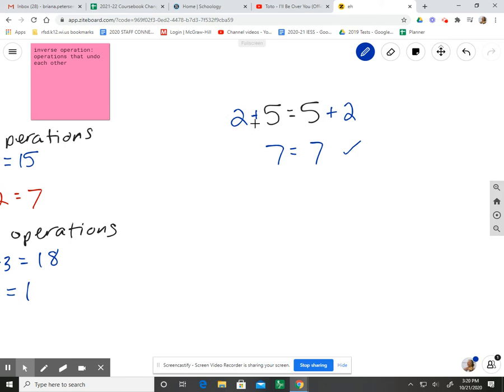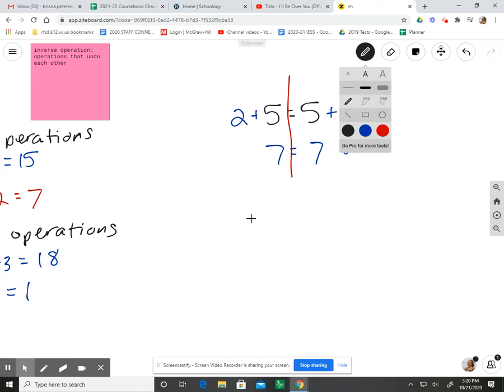Another thing we need to talk about before we get into solving equations is that if you decide to do some operation to one side of the equal sign, we have a left side and a right side. If we add 2 to this side, to make sure that equal sign stands up, we add 2 to the other side.